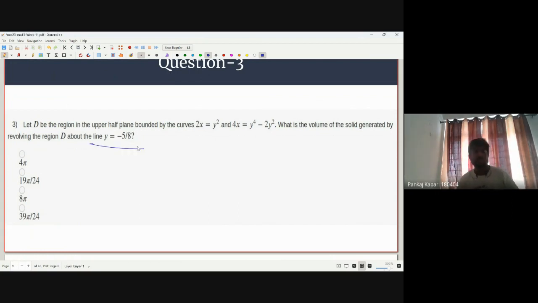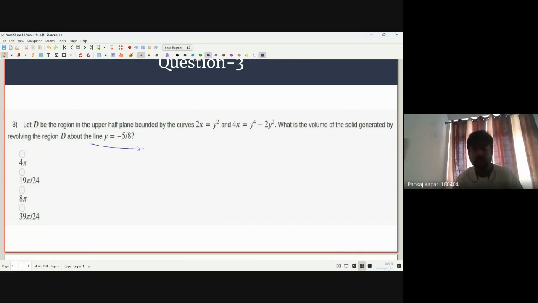So we are not revolving about the x or y axis, it's a different line, and then there is a region. This region D is in the upper half plane. Upper half plane means this part, above the x-axis, where y is positive.